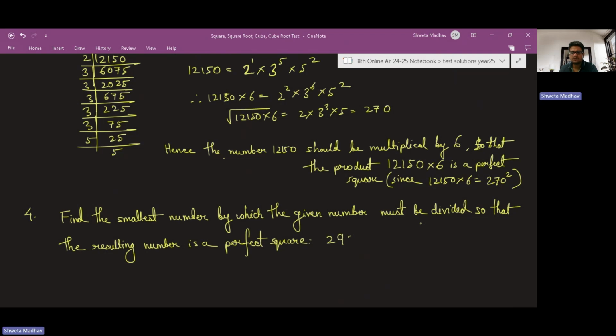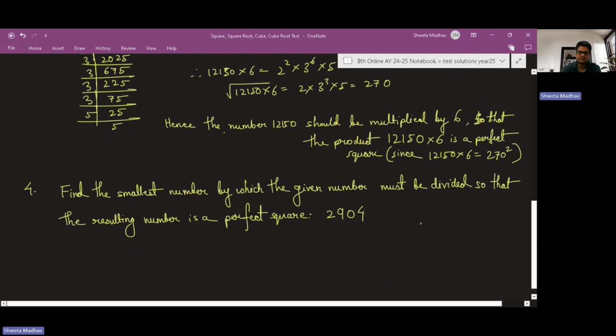So the number is 2904. So we have to find the smallest number by which the number 2904 must be divided so that the resulting number is a perfect square.